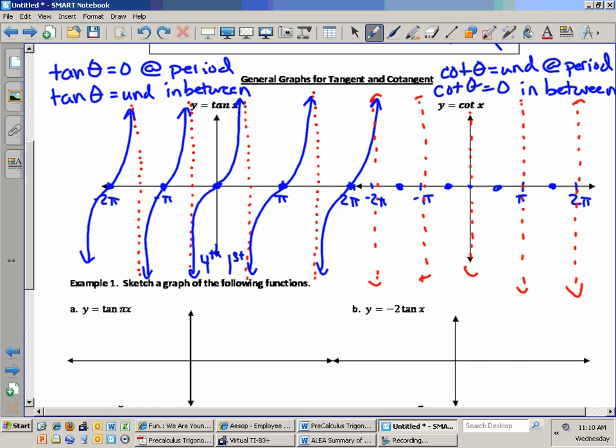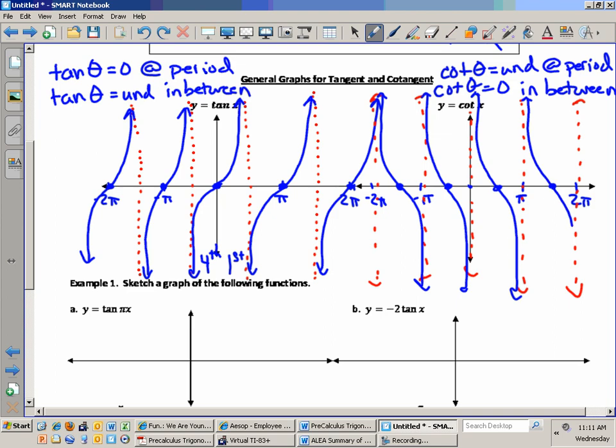So if they're reciprocals, wherever tangent is really big, that's going to be where cotangent is really small. So it's going to go the opposite way. And those are the parent graphs for tangent and cotangent.